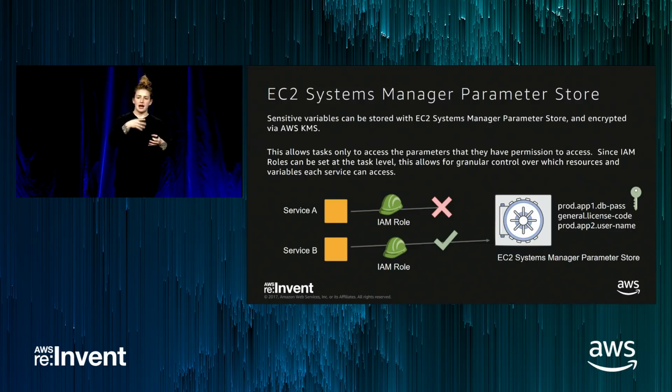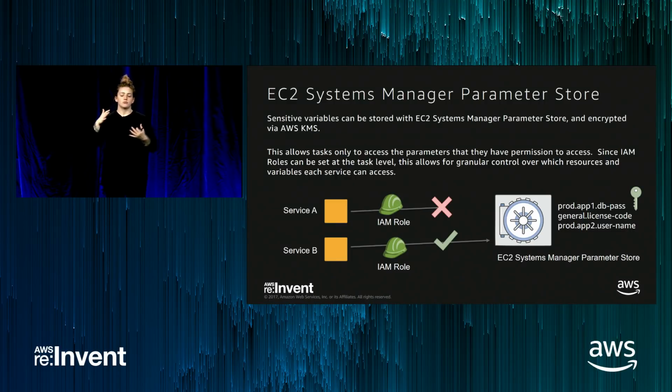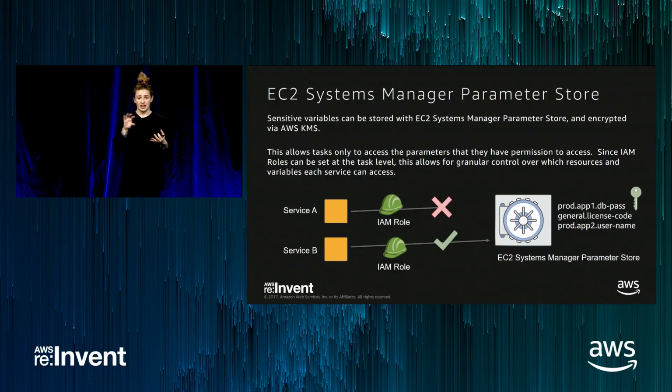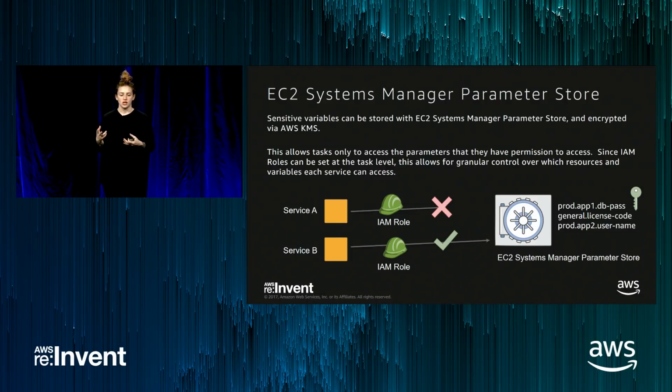So I set my IAM role at my task level, so it's effectively by service. I have prod.app or something, and I can use those as my environment variables so that I can feed in the environment name, but then I can only look up based on my IAM role. So that means that service A can get something, while service B can't. Service C can get two things.